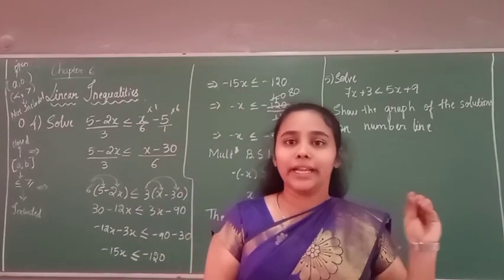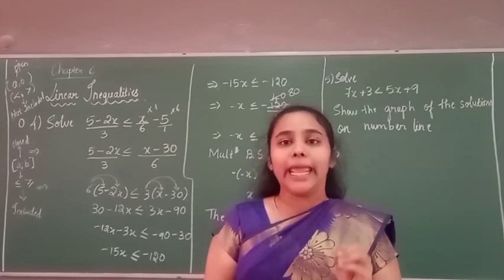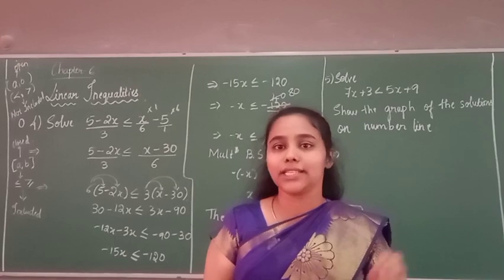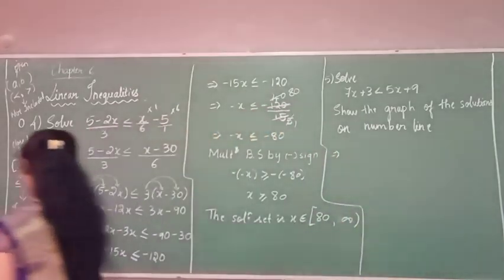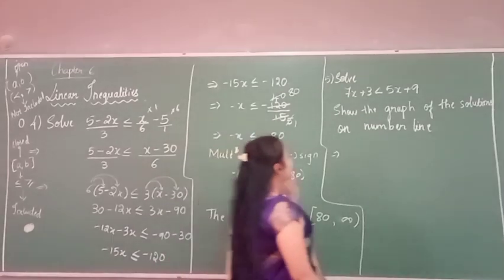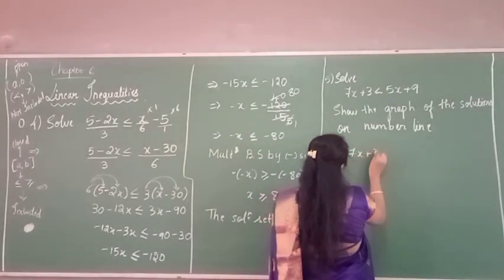If it comes with greater than or equal to or less than or equal to, we will be indicating with a darkened circle, saying that the terms, that is A and B, are included. So it will be a shaded circle. Is it clear?